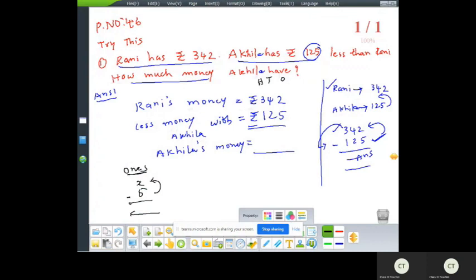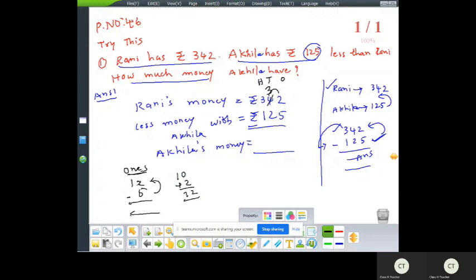We take a borrow from the 4 in the 10's place. Borrow 1 ten is equal to 10 ones. In the ones place there are 2. 10 plus 2 is 12. From 4 we take 1 ten, 4 minus 1 is 3. Now subtracting 12 minus 5.